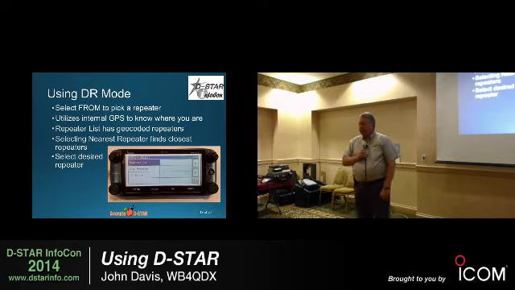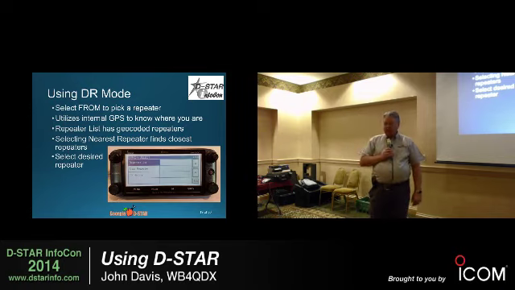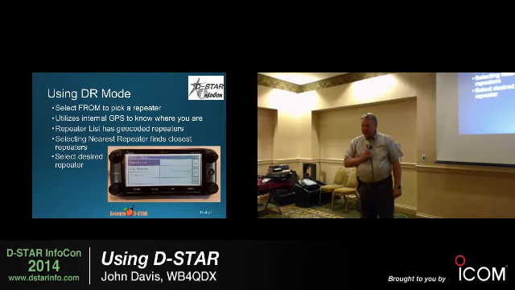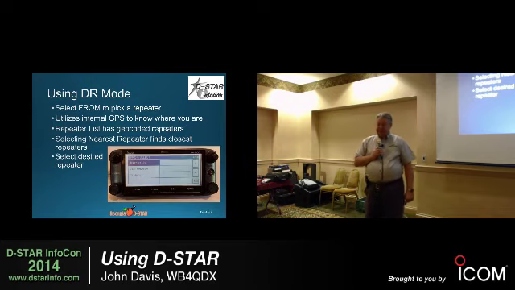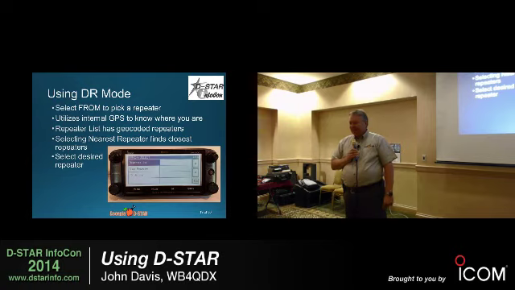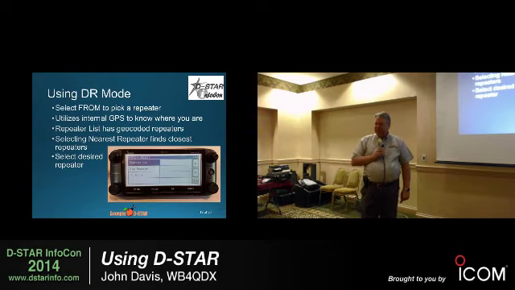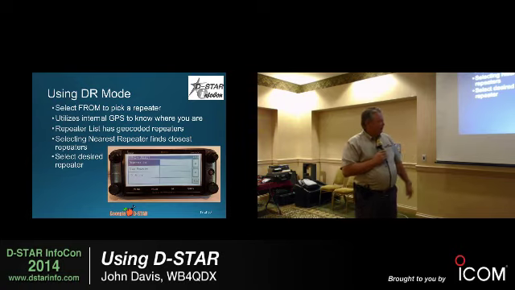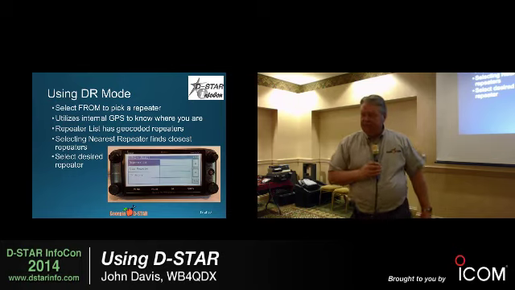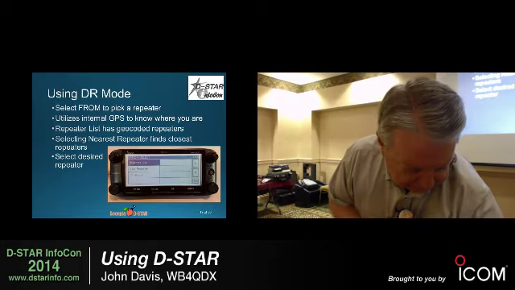Nearest repeater: if your radio is one of these models and equipped with GPS, it's going to give you a list of the nearest repeaters. It's going to tell you how far away they are from you and kind of what direction. You'll also see TX history, which is just a history of your last selections.